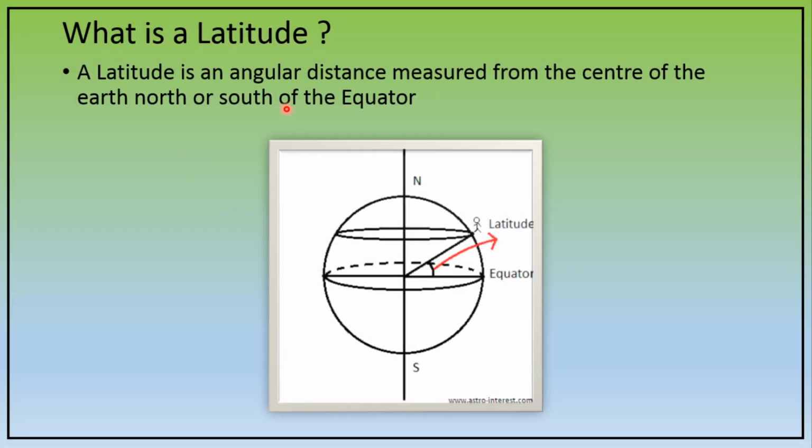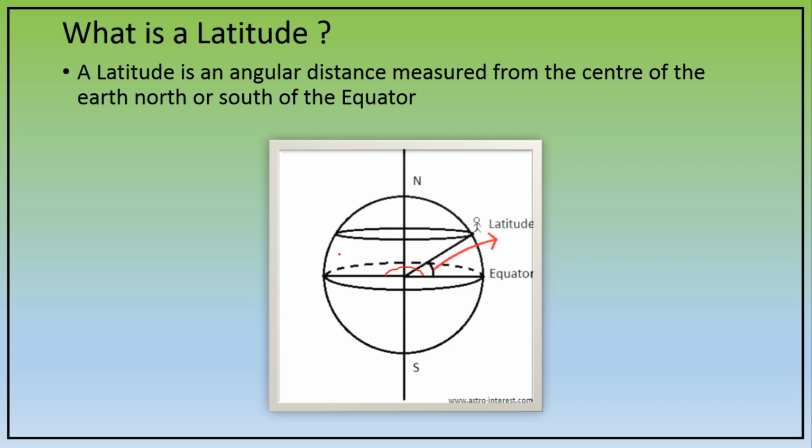Now, what exactly is a latitude? Latitude is the angular distance measured from the center of the earth north or south of the equator. So, in order to understand what exactly is the angle, suppose I keep a protractor over here, that is at the equator, and this particular degree is showing 30 degree.